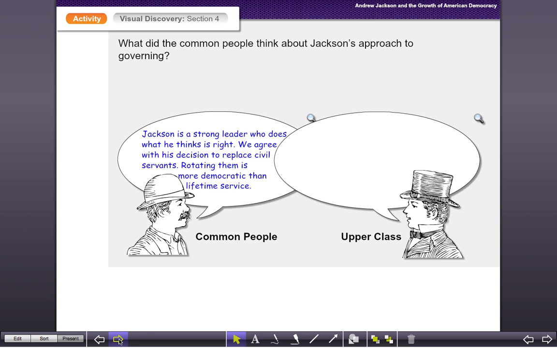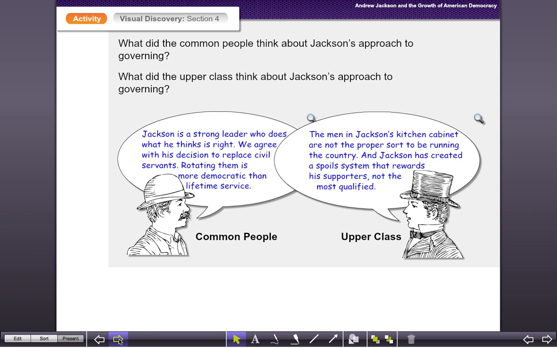So let's take a look at the other side here, the upper class. What did they think about Andrew Jackson's approach to governing? The men in Andrew Jackson's kitchen cabinet are not the proper sort to be running the country, and Jackson has created a spoils system that rewards his supporters, not the most qualified.